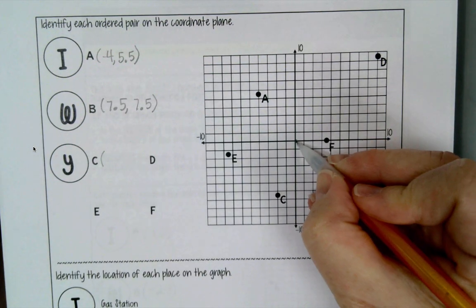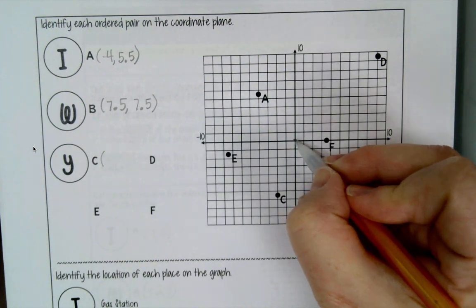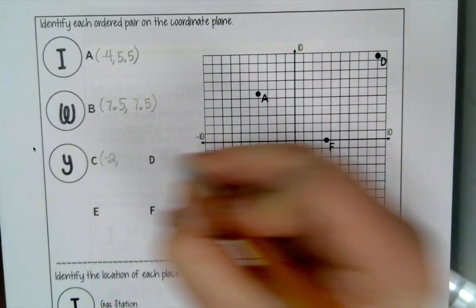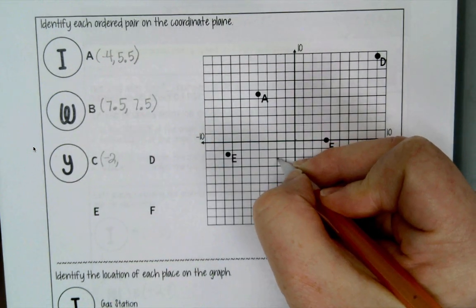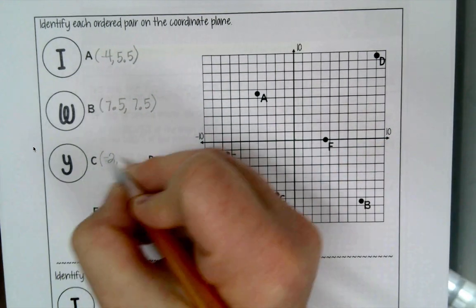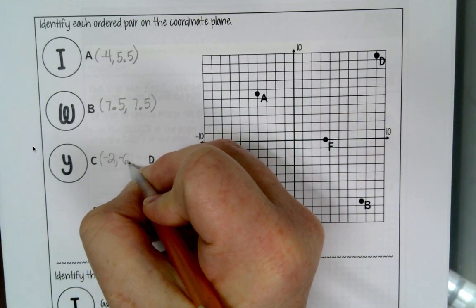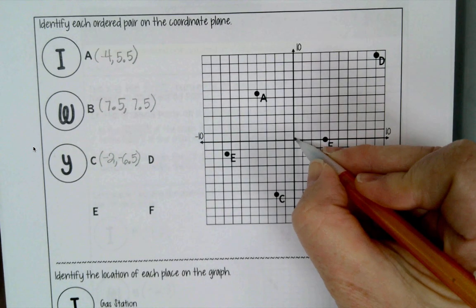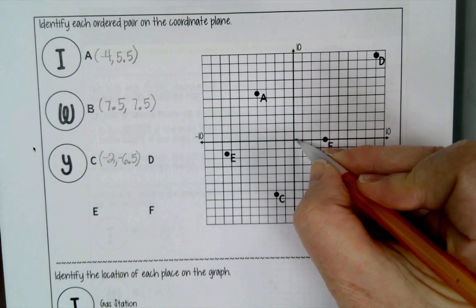Letter C, from the origin, negative 1, 2. And then going down, 1, 2, 3, 4, 5, 6.5. So negative 6.5.